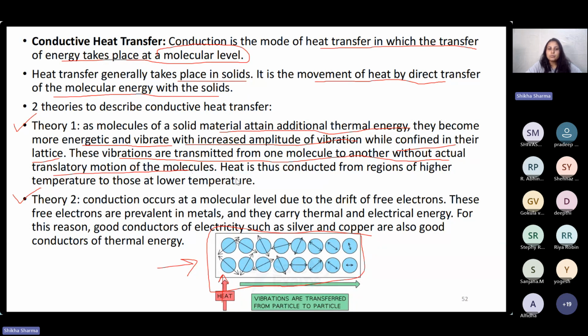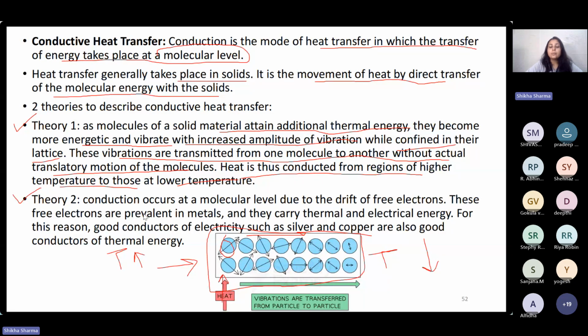So heat is conducted from the region of high temperature to lower temperature. This is the one theory: particles at higher temperature get energy, vibrate, and transfer the vibration to those at lower temperature. That's why heat transfers.